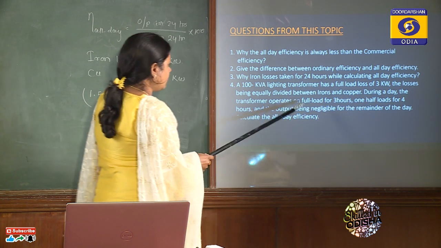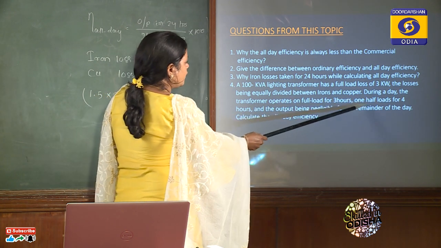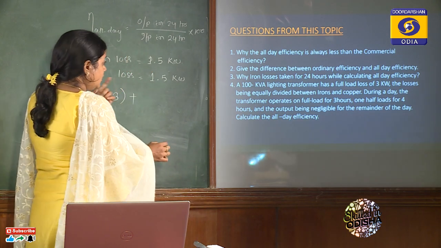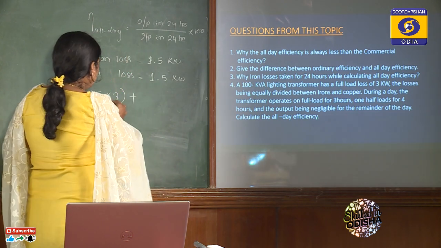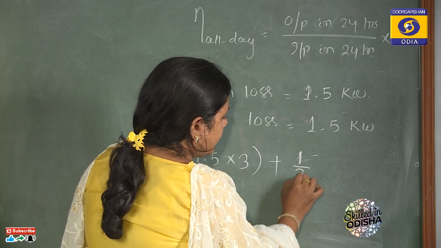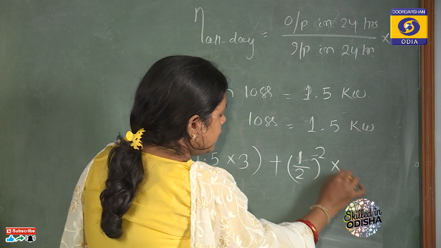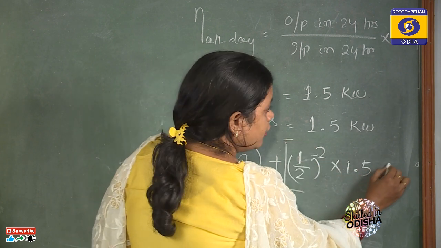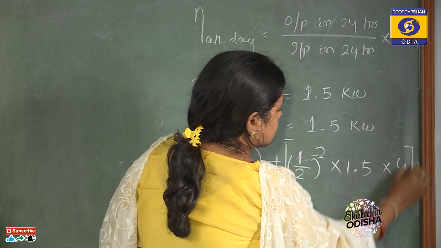during a day the transformer operates on half load for 4 hours. The copper loss will be 1.5 into half squared, into 4 hours.